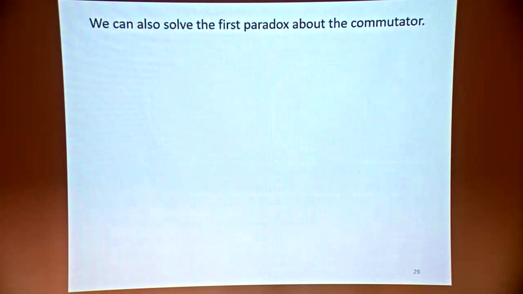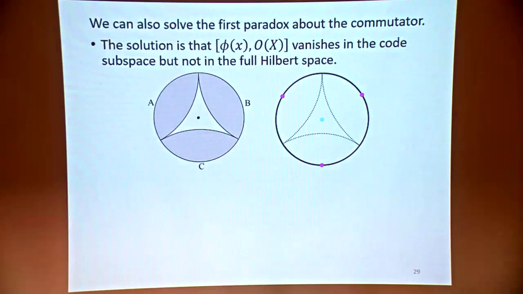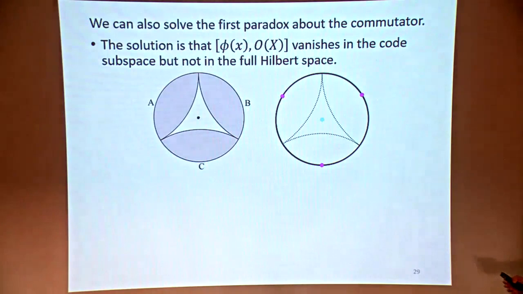I can also solve the first paradox about the commutator. The basic idea is that the commutator that we saw earlier does not generally vanish. It only vanishes inside this code subspace. So to see that, first, if it doesn't generally vanish as an operator equation, then we can get around the time slice axiom. So that's good.